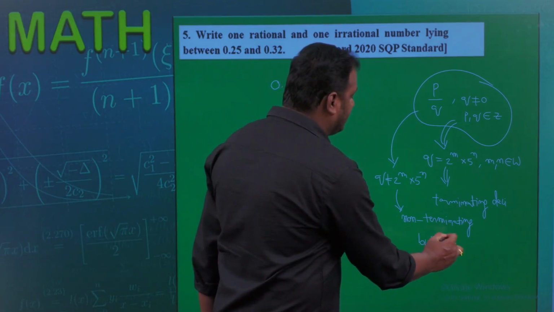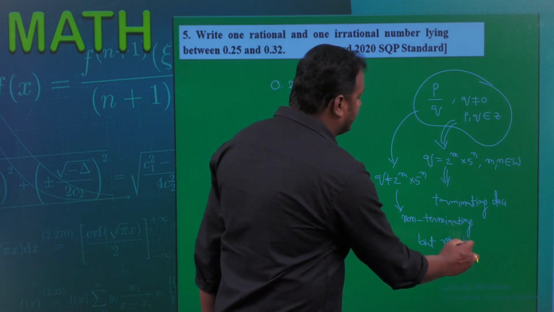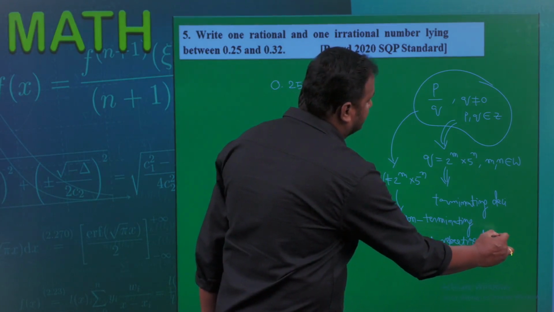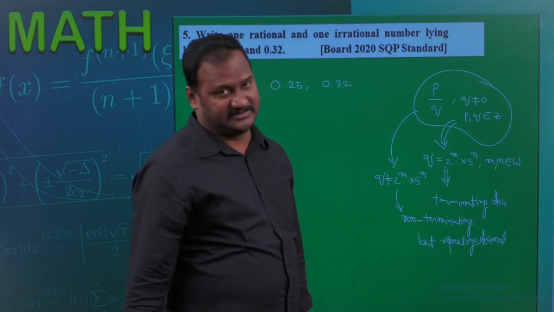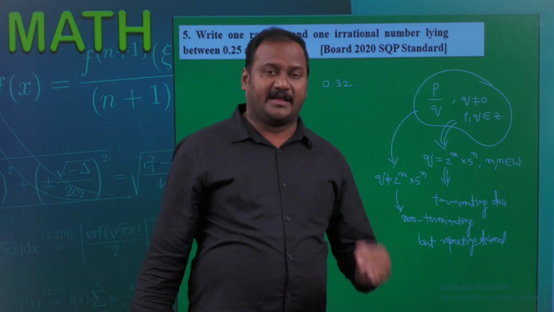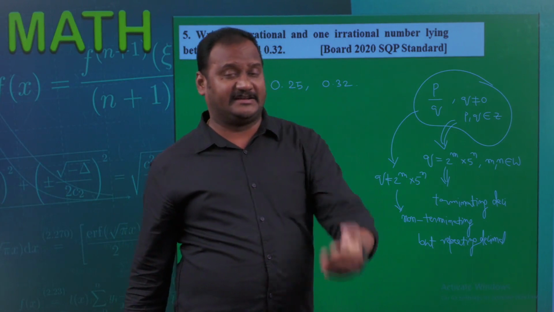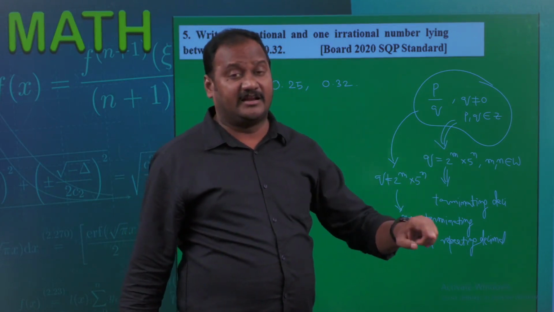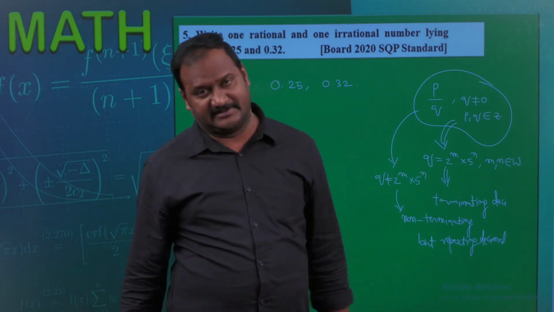So these kinds of numbers are rational numbers. Every rational number can be expressed as p by q, or as a decimal expansion, and those decimal expansions are either terminating or non-terminating but repeating.